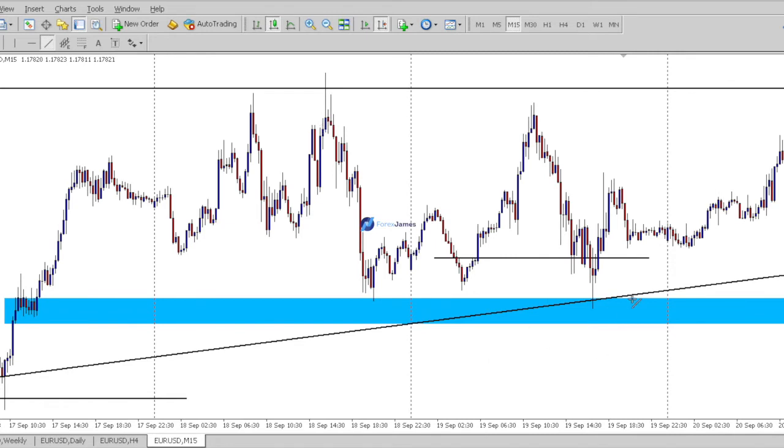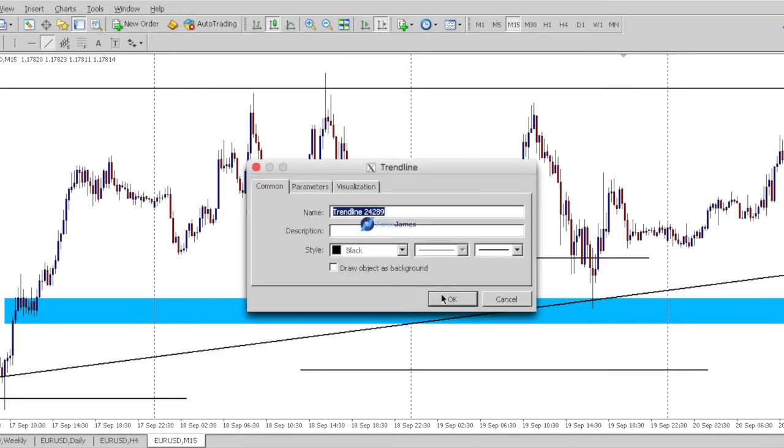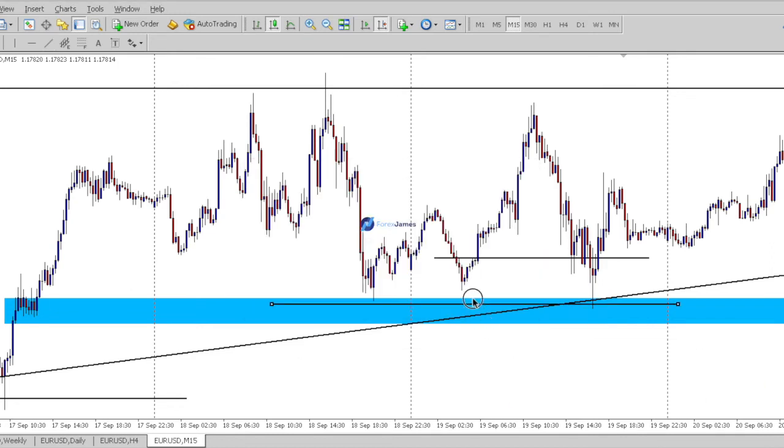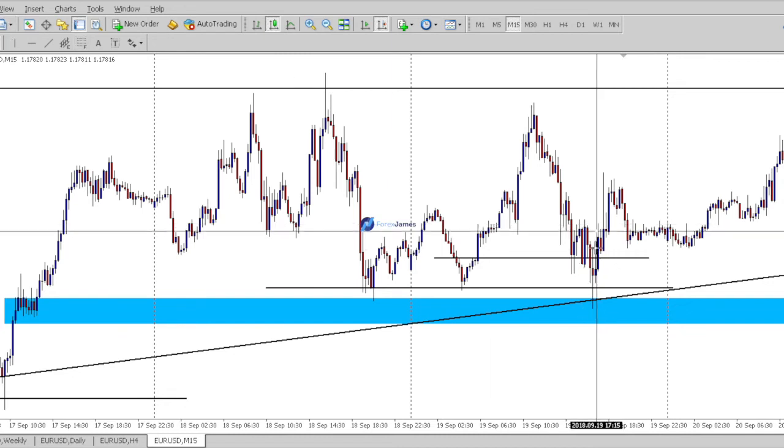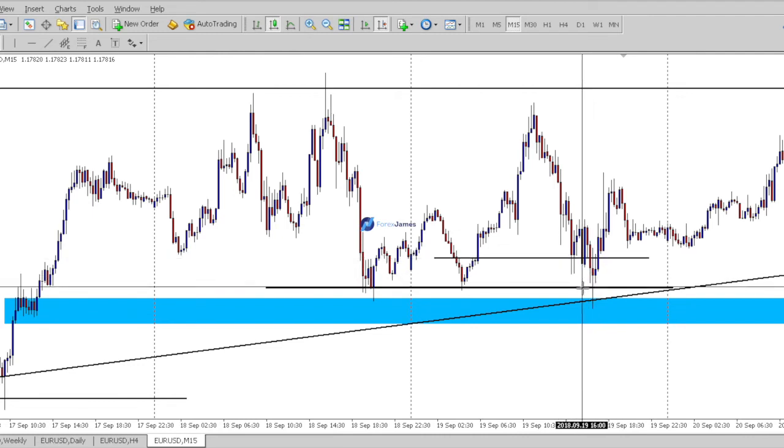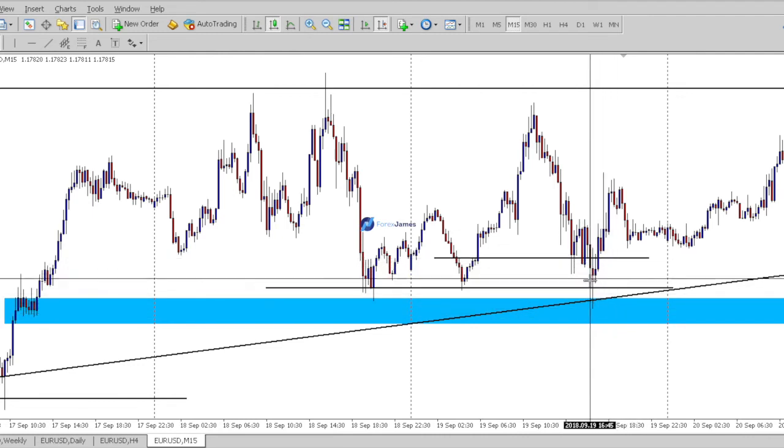Right over here, besides this long wick candle, the other thing I saw was another area here. So this is what I consider to be a fake out. Because imagine at one point, this candle was a red bearish candle.